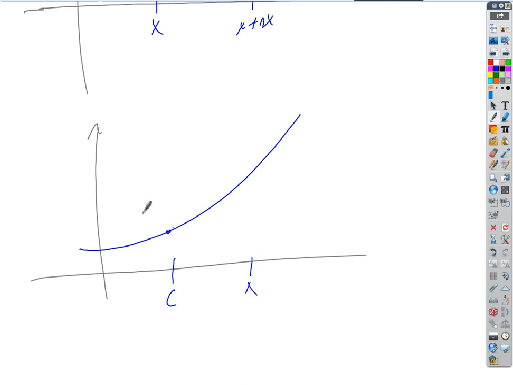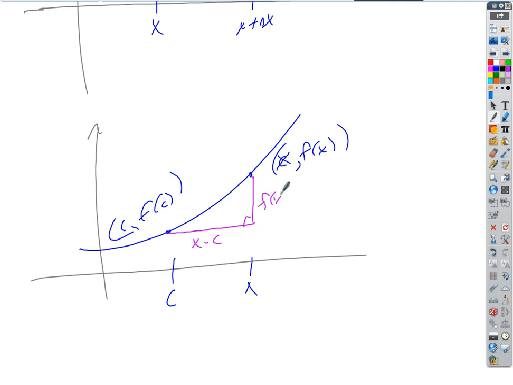And then our two points become c, f of c, and up here we get the point x, f of x, right? And the difference quotient this time, the change in x would just be x minus c, and the change in y would just be f of x minus f of c, right?